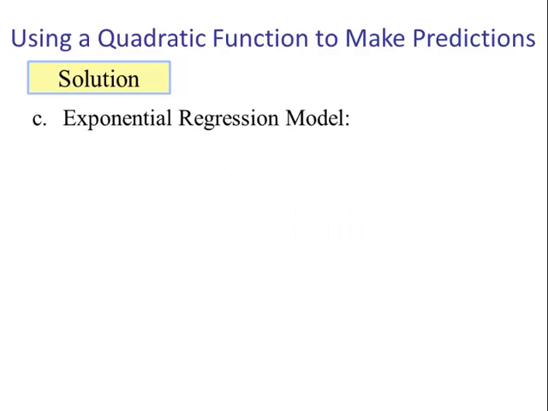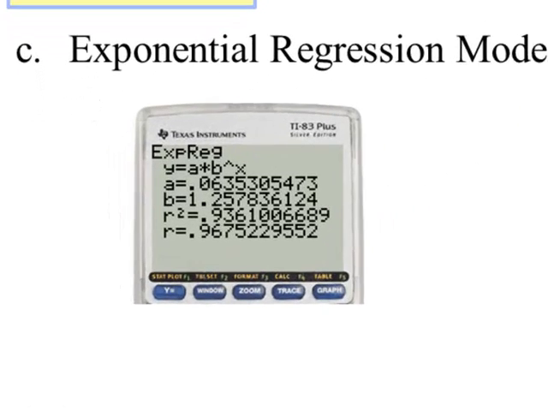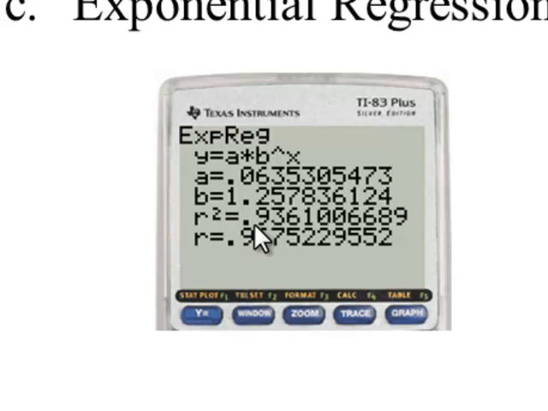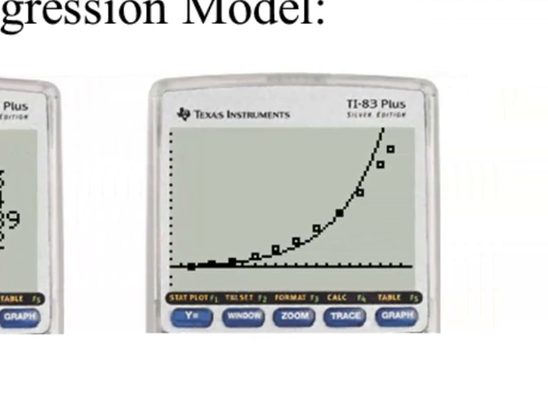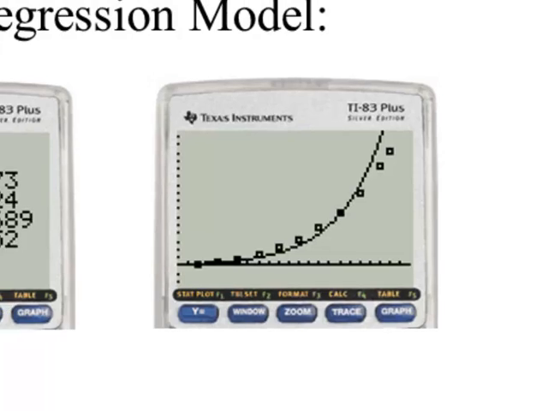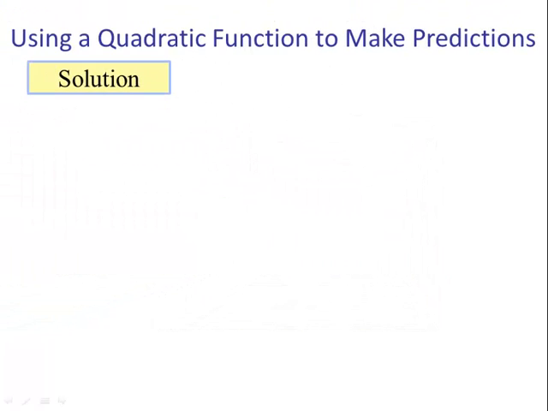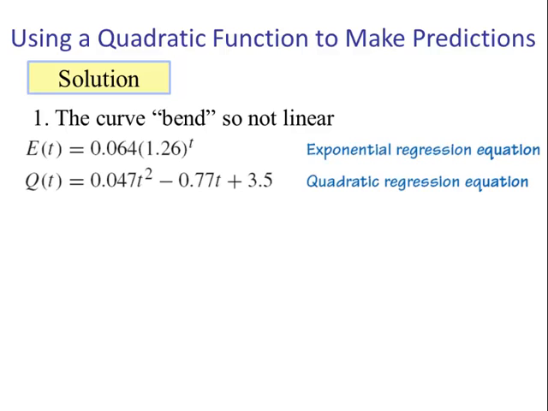For the exponential, R square is 0.936, so this is not as good as the quadratic, and we can see that the exponential model is growing faster than the data pattern. So since there is a bend, the linear is not a good model.